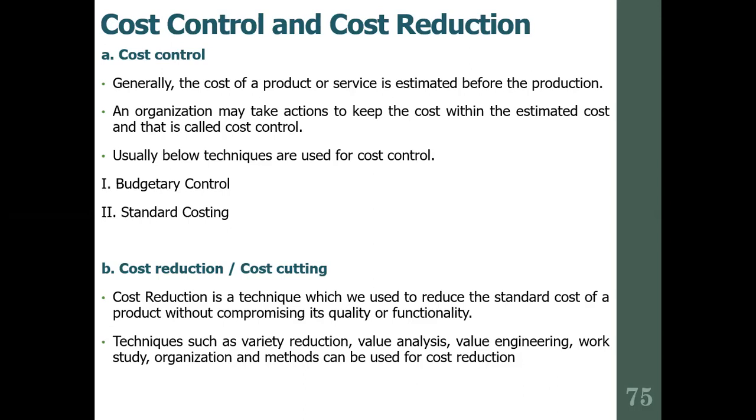You can do a kind of value analysis. By analyzing the product, you can look at what activities this particular product consumes, and then identify the value adding and non-value adding activities. Thereby you can get rid of the non-value adding activities, and then you can reduce the cost.